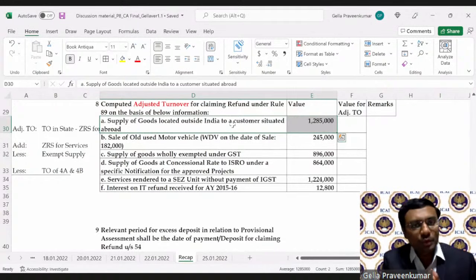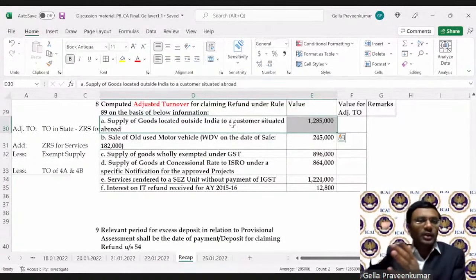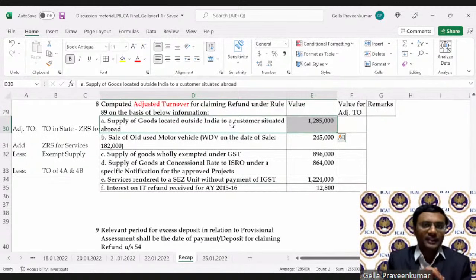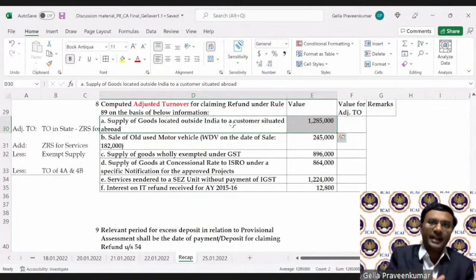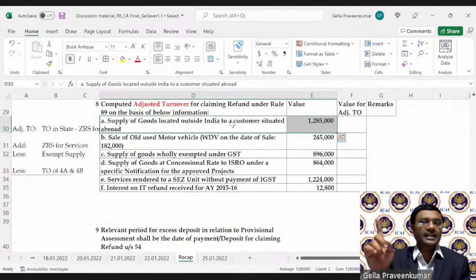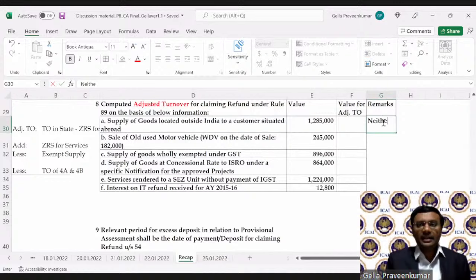Here, the goods are located outside India and the customer is also located outside India. So because the goods are out of taxable territory, and also the customer is out of taxable territory, we refer to clause 7 of Schedule 3, whereby we say neither a supply of goods nor services.